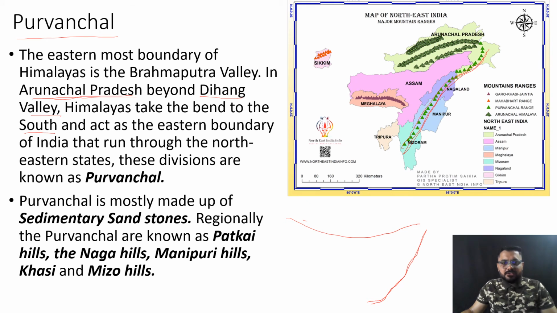They run through all the northeastern states, and that is why they are also known by different names in different regions. When we go for map pointing, I'm going to explain to you about each and every name.